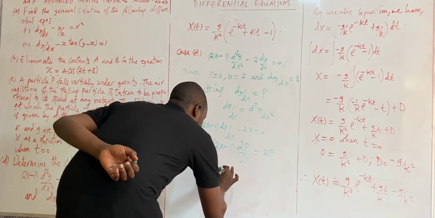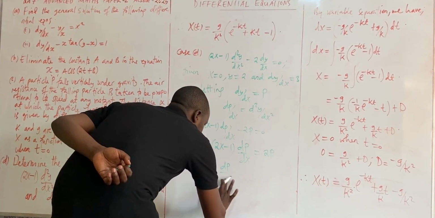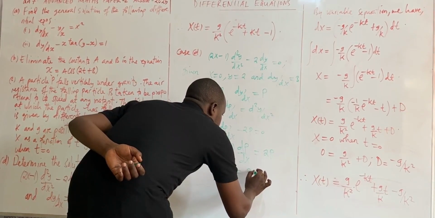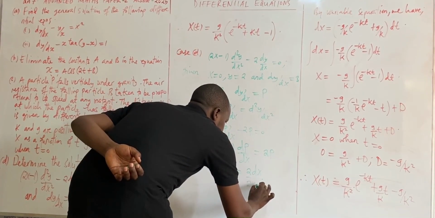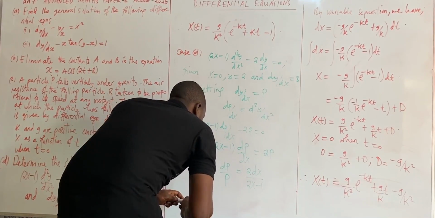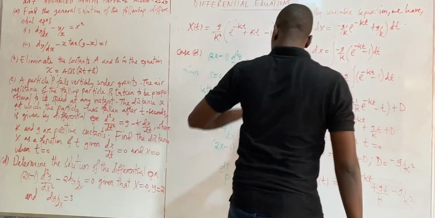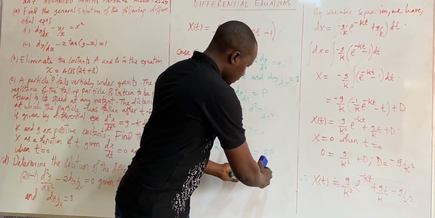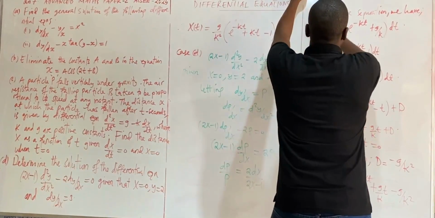It is the same as saying dp over p equals to 2 dx over 2x minus 1. So that is variable separation. It means p is on the left hand side, and x is on the right hand side. We have separated the variables.